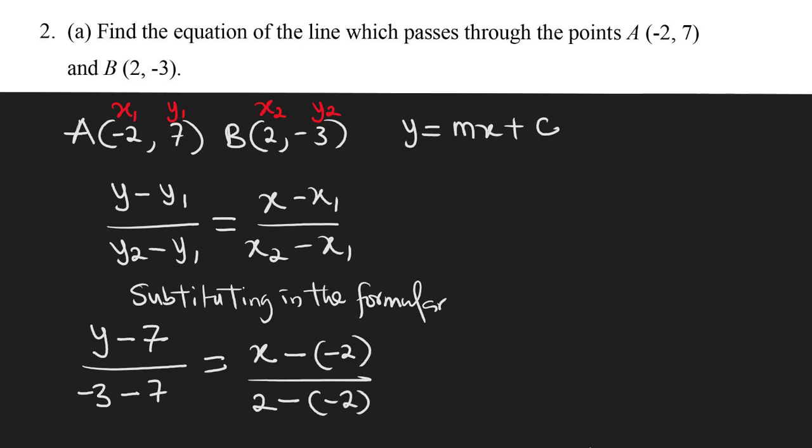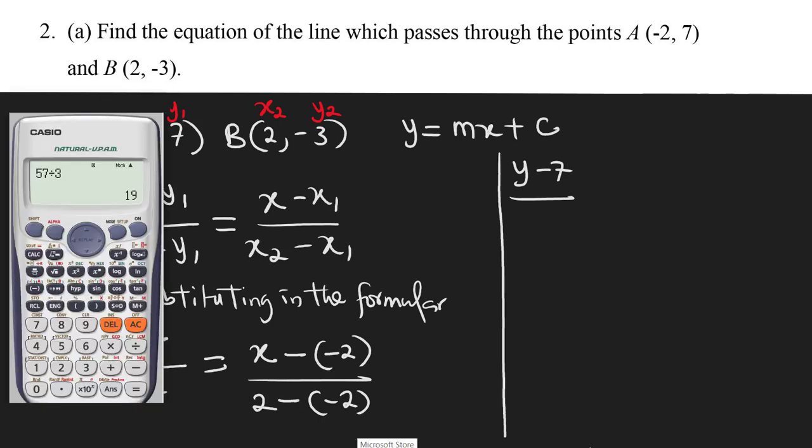In this case, we're going to have y minus 7 over minus 3 minus 7. What is that? Minus 3 minus 7 is minus 10, right?